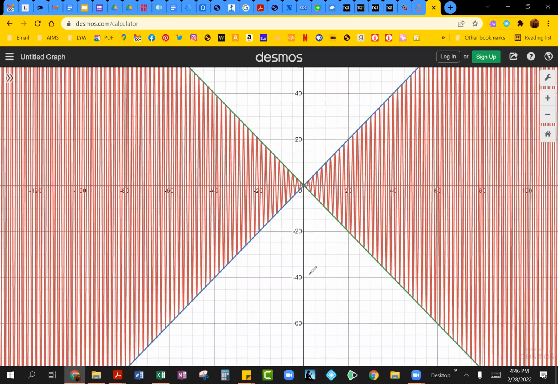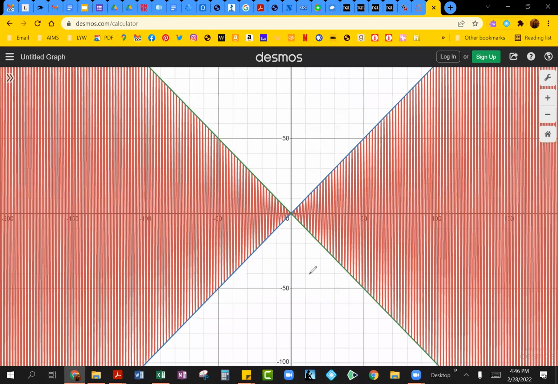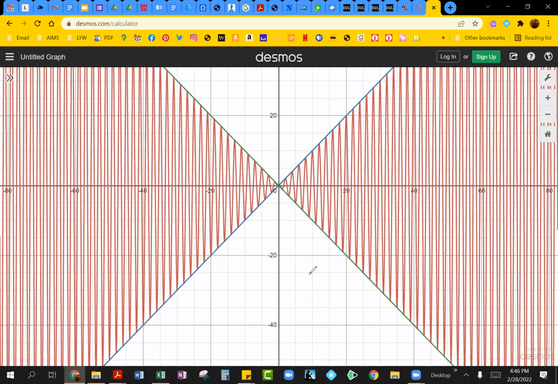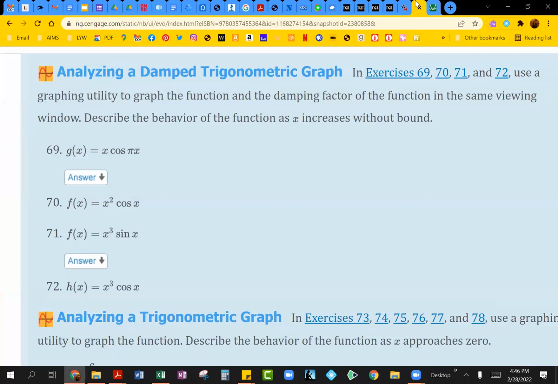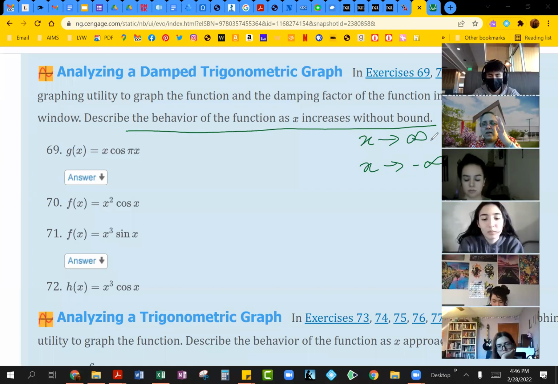As we zoom out, you can see what this graph ends up looking like. So can you guys tell me, what do you think is happening as that x value increases without bound? As x is going to positive infinity and as x is going to negative infinity, what would you say? What is your function behaving like?